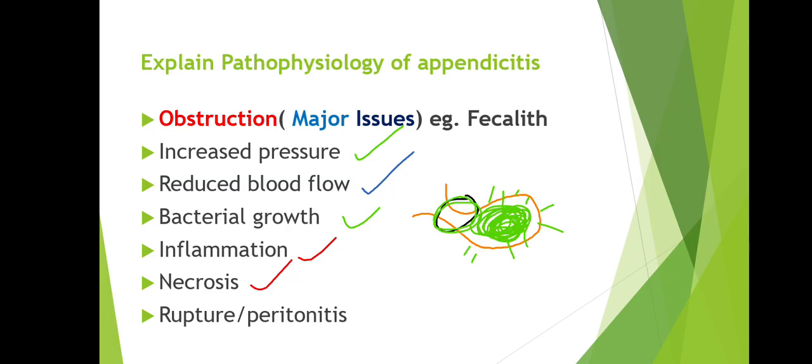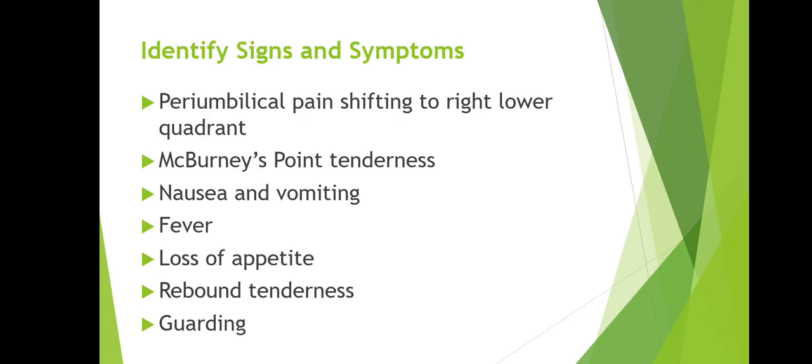Now, looking at the pathophysiology of appendicitis, let's try to associate the pathophysiology with the signs and symptoms. One of the signs and symptoms of appendicitis is what we call peri-umbilical pain shifting to the right lower quadrant. Usually this pain exists because of the connection. This pain is able to be felt in other areas because of areas of innervation, because it is still in the GIT.